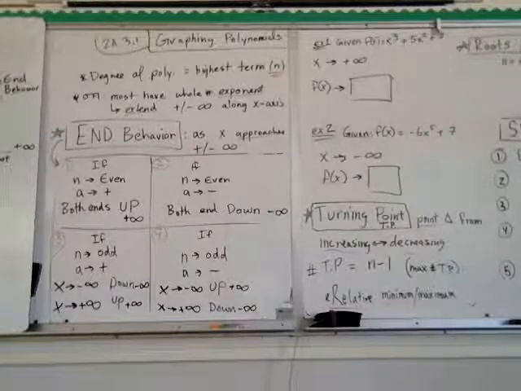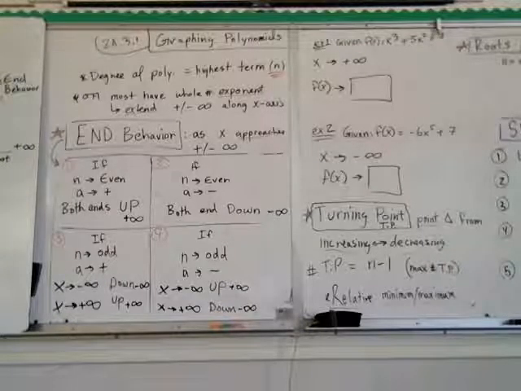And when a was positive, what did we see? Yeah, it looks like this, right? So when a is positive, it's a happy face, opens up. What happens when a is negative? Sad face. Implicit within this, is there a minimum or a maximum? Minimum. Is this a minimum or a maximum? Maximum. So it's one of those situations where if a is positive or negative, it gives you all the other information within it.